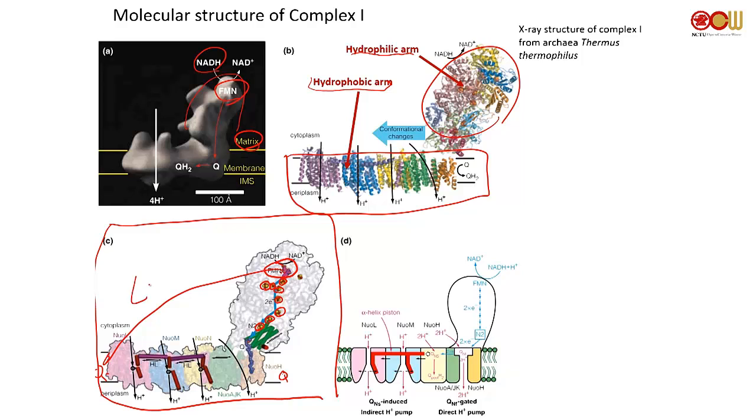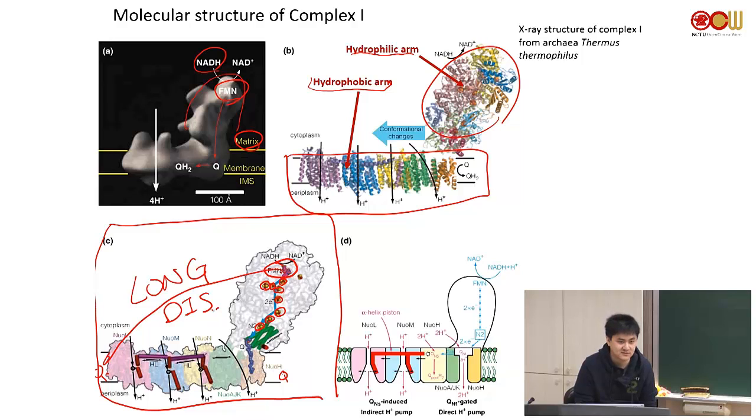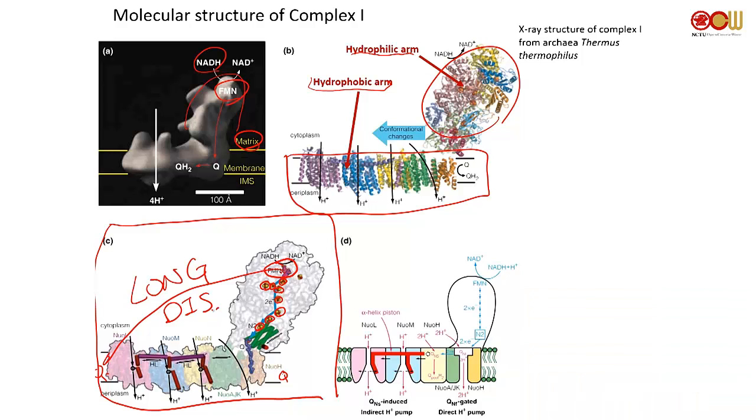That's a long distance. You cannot possibly throw your electron across the membrane and have it end up at Q. So what you have to do is pile up a bunch of these iron sulfur clusters so that the distance between the two molecules is short enough that they can do a chemical reaction.